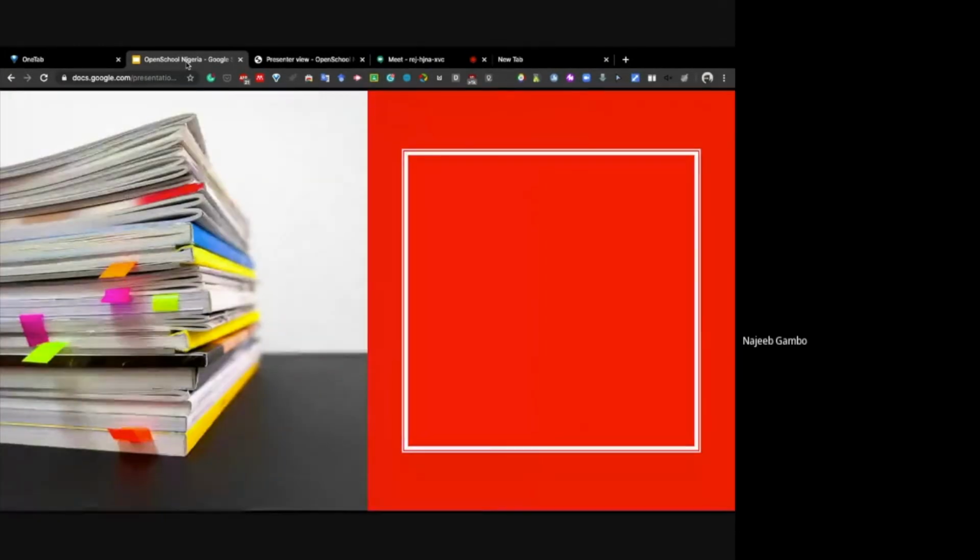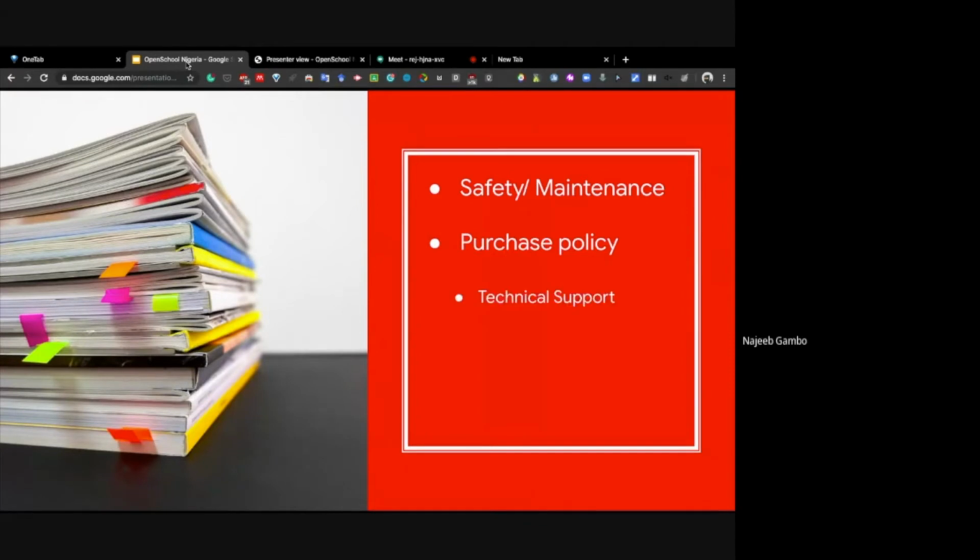And also, we need to have a safety and maintenance policy, the purchase policy, the technical support, the misuse and complaint, and what we call an acceptable use of all this software and tools. So this is the first role of the school management, to come up with a policy of using these tools.